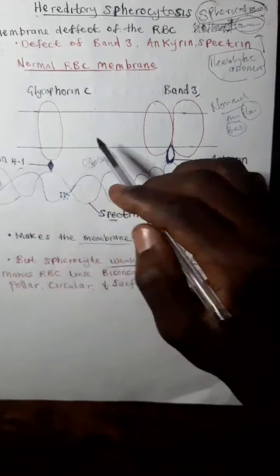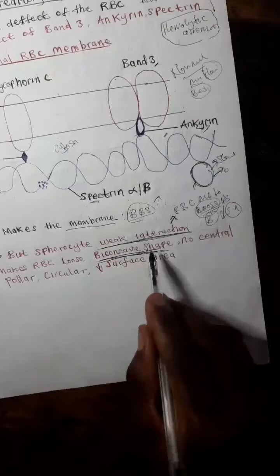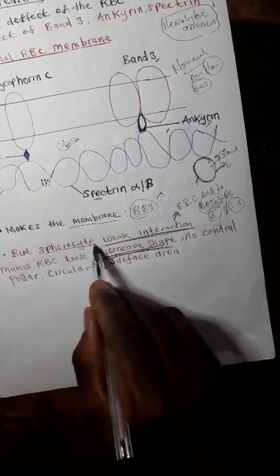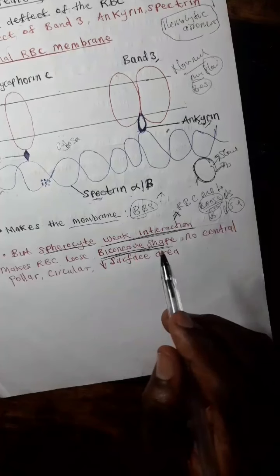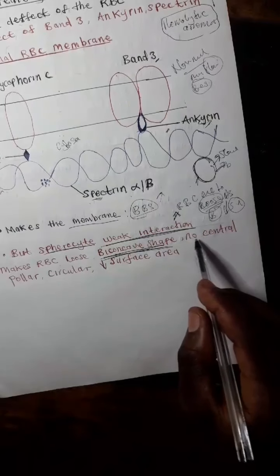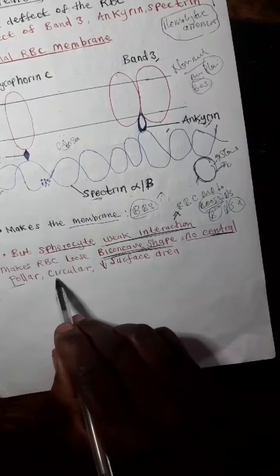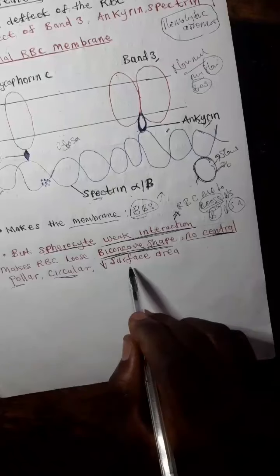Weak interaction can cause the red blood cells to lose their biconcave shape, losing the central pallor and attaining a spherical shape with reduced surface area.